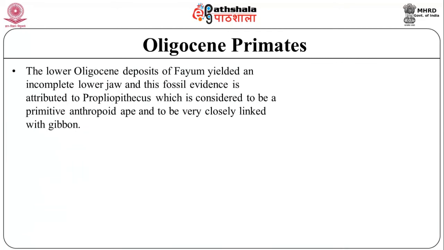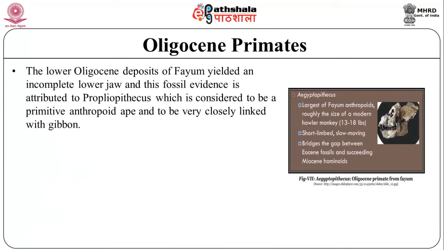The lower Oligocene deposits of Fayum yielded an incomplete lower jaw with teeth but without the ascending rami, and this fossil evidence is attributed to Propliopithecus, which is considered to be a primitive anthropoid ape and to be very closely linked with gibbon.